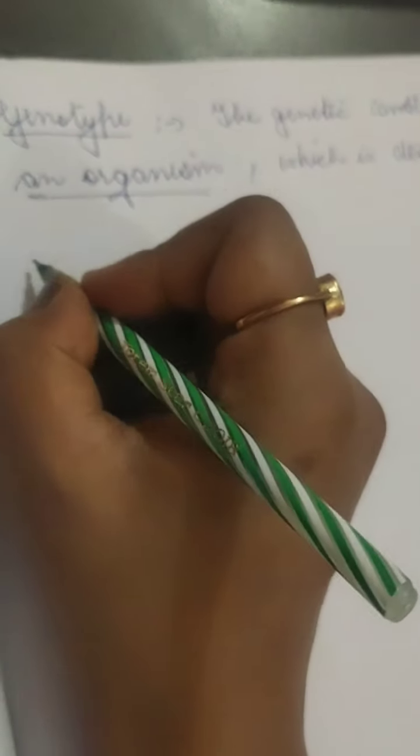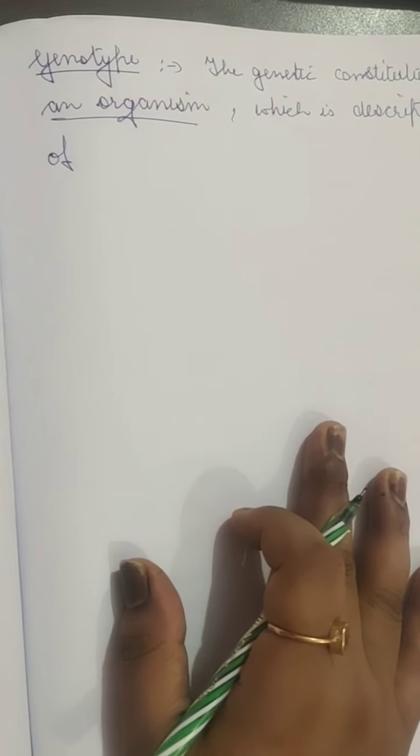So genotype is the genetic constitution of an organism, which is a description of the genes present in the organism.